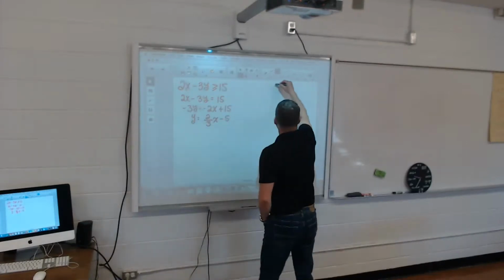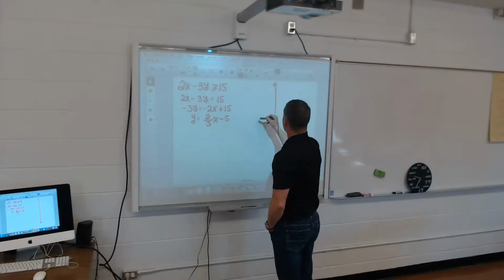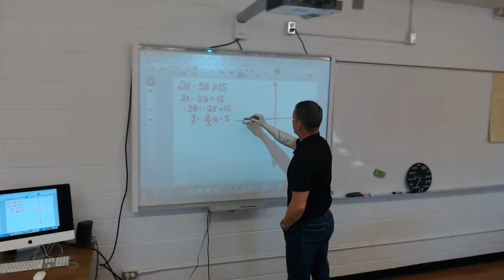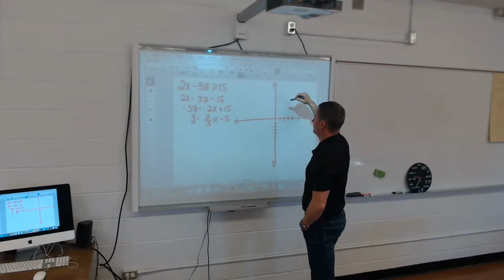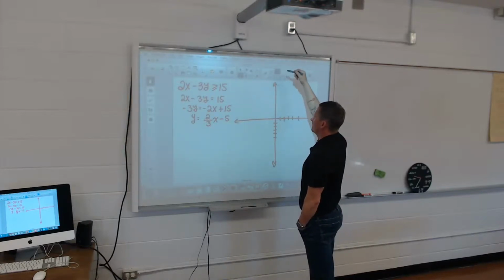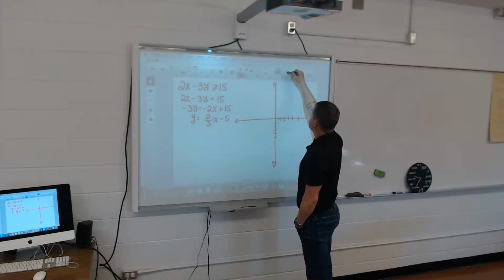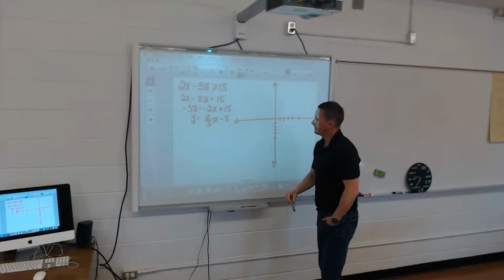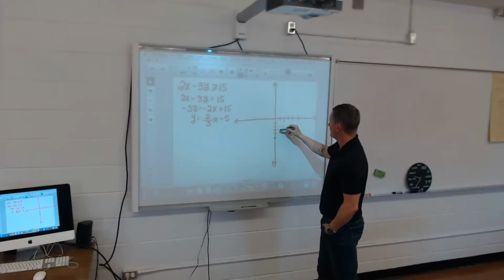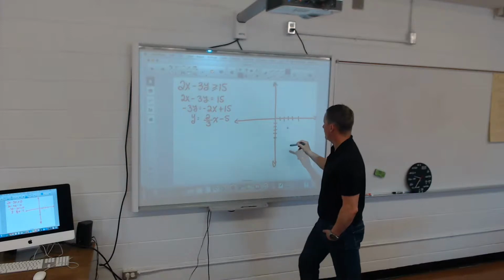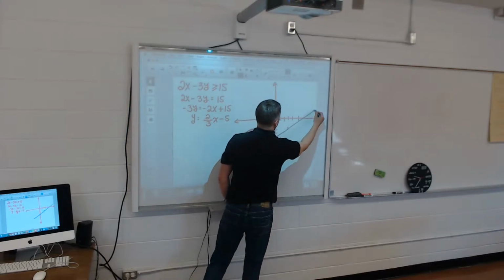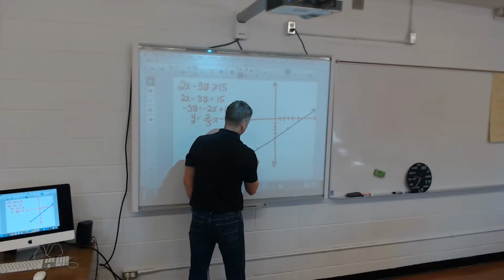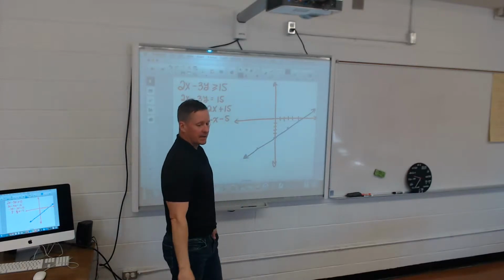So now to graph the line, down here, 0, -5, up 2, right 3, over to here. And because it's an equals to, it's a solid line. Do that. So now I have my line drawn.